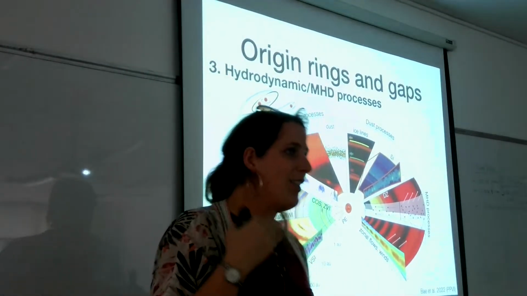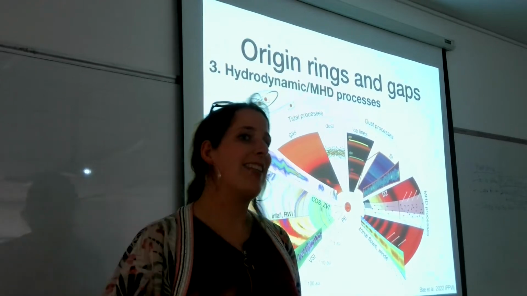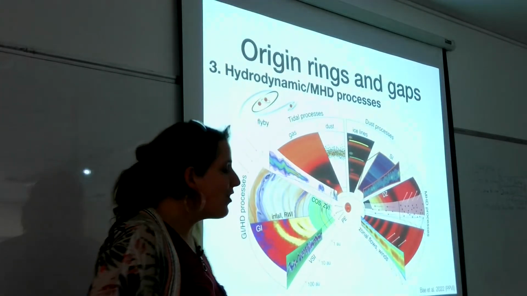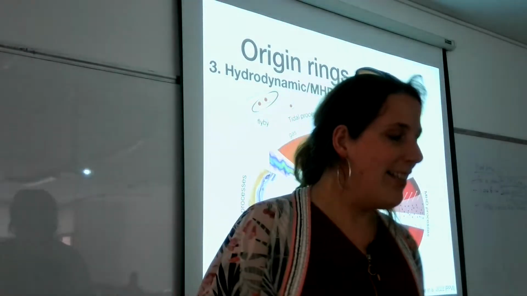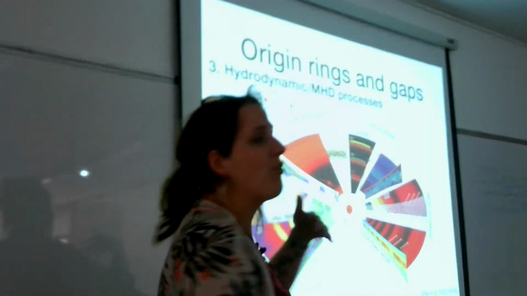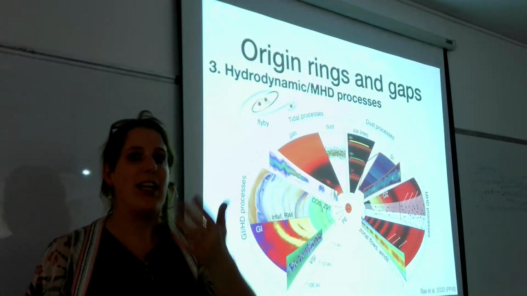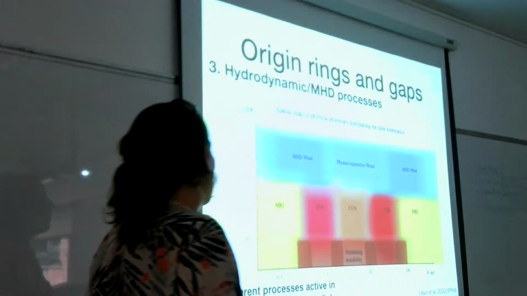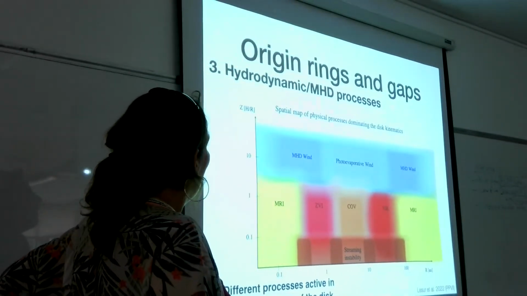There are many of these hydrodynamic instabilities, things that happen in the gas, possibly related to magnetic fields, related to ionization, that can create small perturbations that could also create pressure bumps and therefore dust rings. I don't want to go into too much detail here.